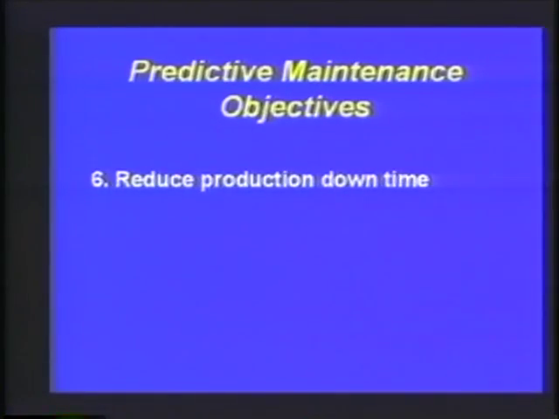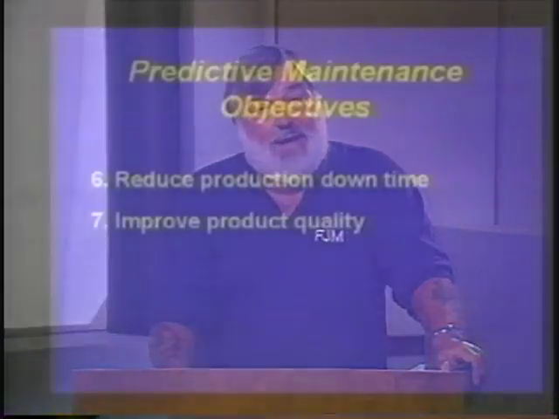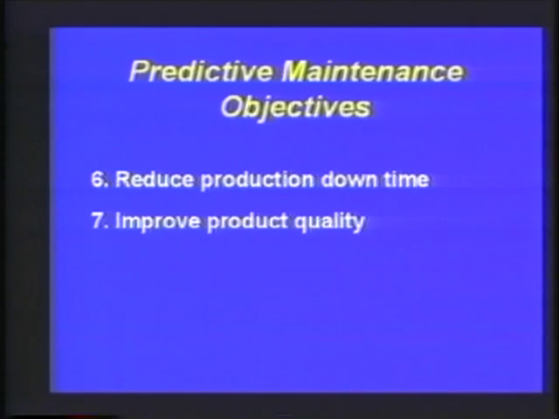We want to reduce the production downtime. Well, the opposite of that is having increased utilization of assets, and that's the name of the game of predictive maintenance. We want to improve product quality. If a machine is running in its norm, which means it's operating well within the operating profiles, then that machine could or should be producing excellent quality products at the productive rate that the machine was designed for.